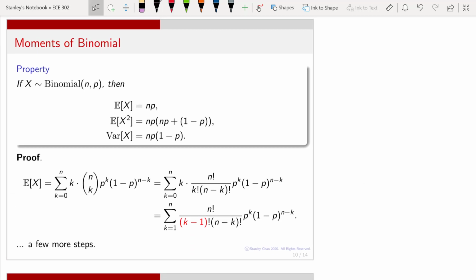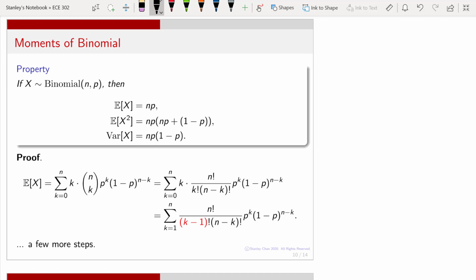We can calculate the moments of the binomial random variable. The moments are given by the following formulas. The expectation of x is n times p. The expectation of x squared is np times (np plus 1 minus p). The variance is np times (1 minus p).